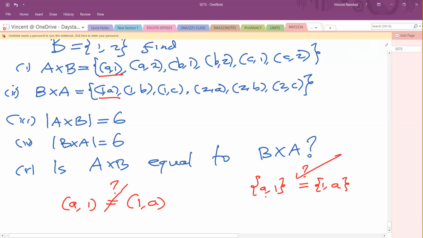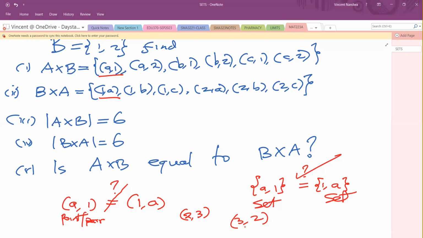So remember, this is a set, this is a set, but these are points or pairs. It's like asking you if you are to plot point (2, 3) in the Cartesian plane and point (3, 2). Are they at the same location? The answer is no. Okay.